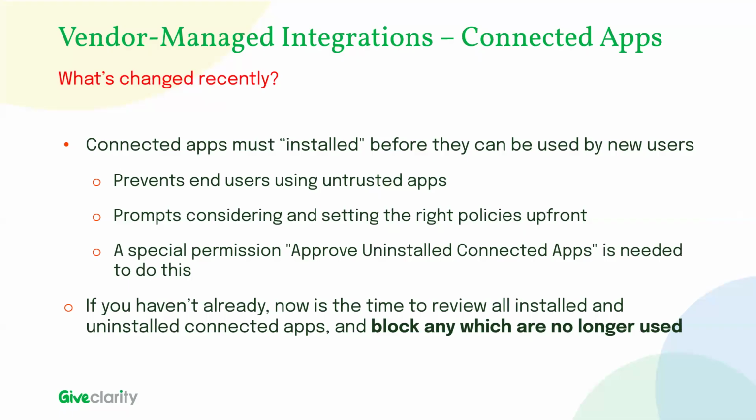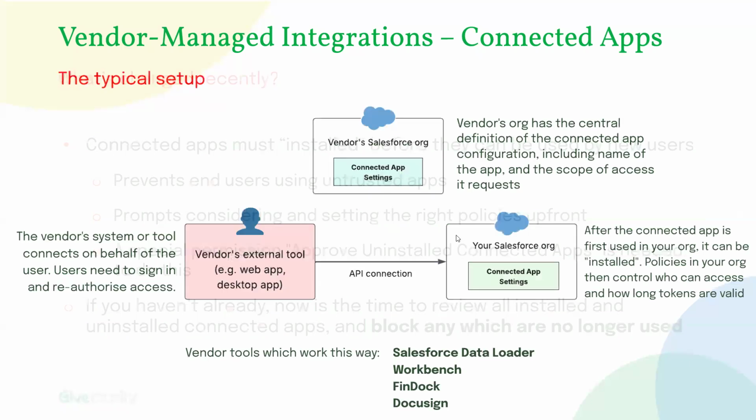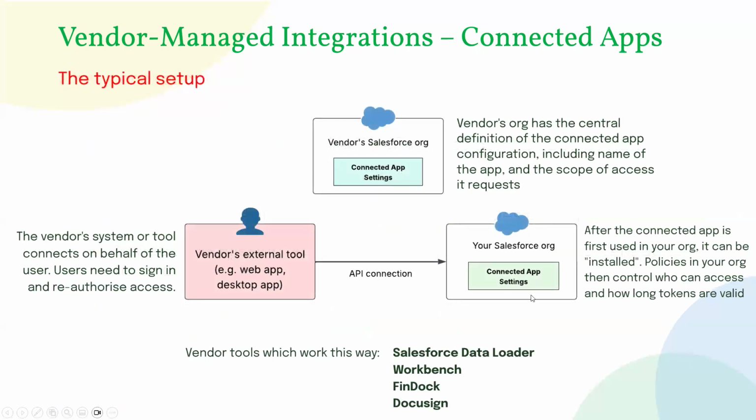Connected apps need to be installed by somebody who has appropriate permission. If you go back to that diagram, what the installing process does is initialize this set of connected app settings in your Salesforce org, and it gives you that place where you can control what those settings are.